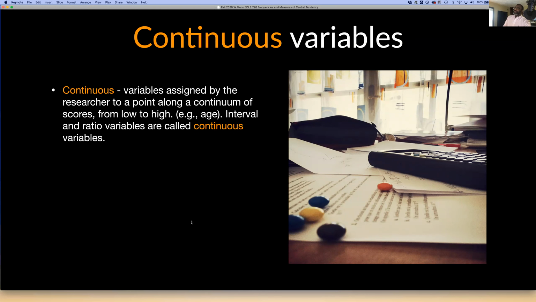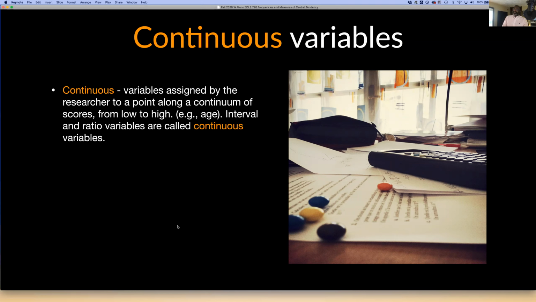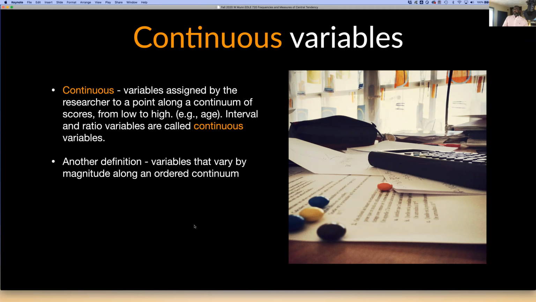Continuous variables, on the other hand, are assigned by the researcher to a point along a continuum of scores from low to high, i.e. age. Interval and ratio variables are called continuous variables.